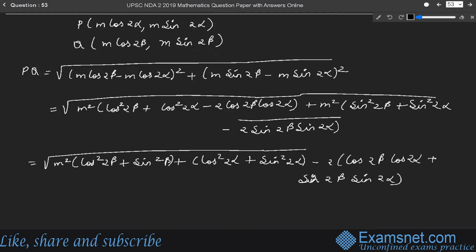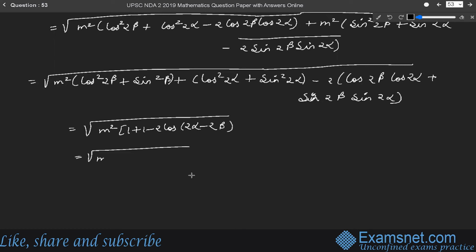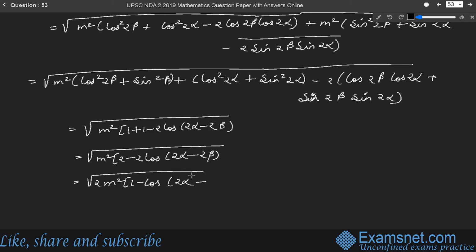We have taken the common terms here. So this will be equal to the square root of m squared into (1 plus 1 minus 2 cos (2α minus 2β)), which is equal to the square root of m squared (2 minus 2 cos (2α minus 2β)). So it will be equal to the square root of 2m squared into (1 minus cos (2α minus 2β)).